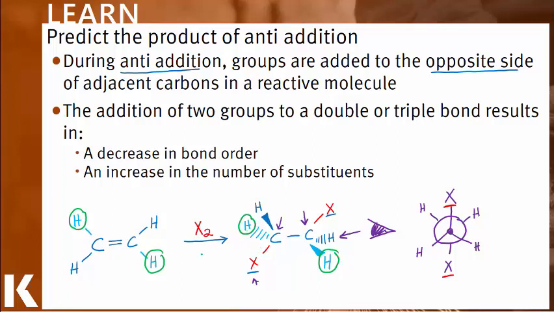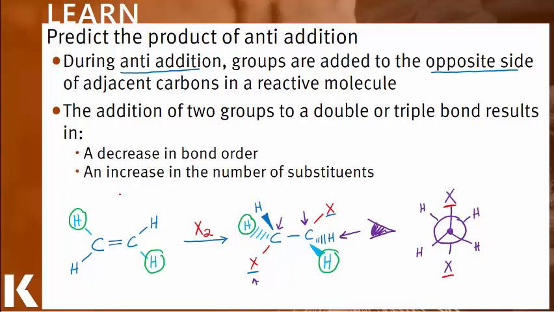So during anti-additions, we don't change the relative positions of substituents about a double bond. If they're on opposite sides of a double bond before the reaction, they'll be on opposite sides of the molecule after the reaction. And if they're on the same side of the double bond before the reaction, they'll be on the same side of the molecule after the reaction.